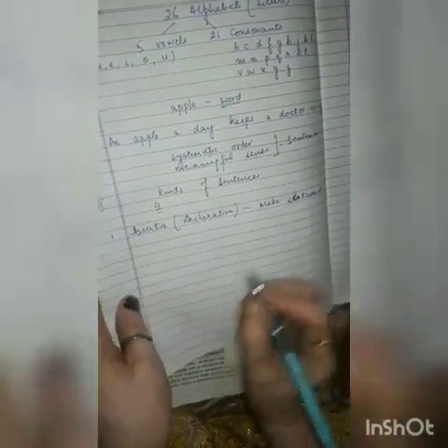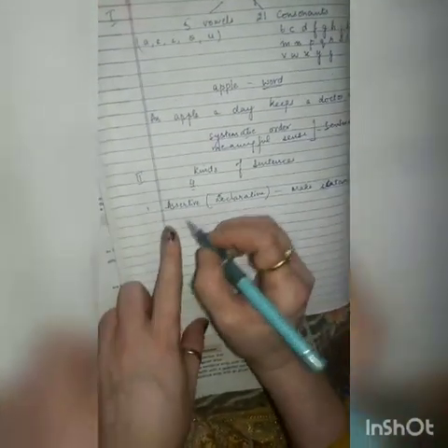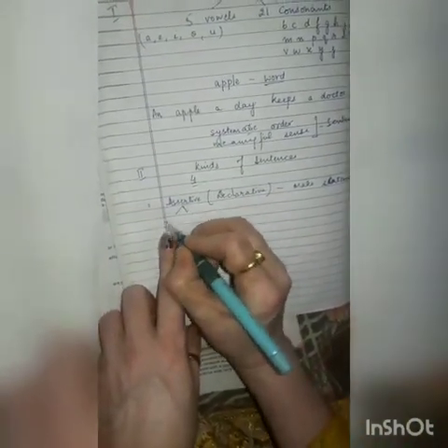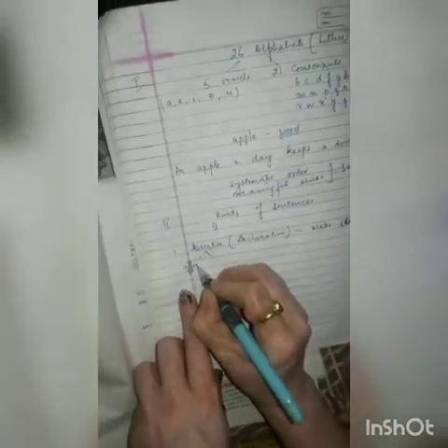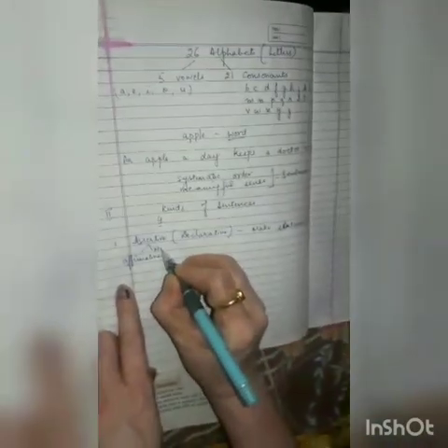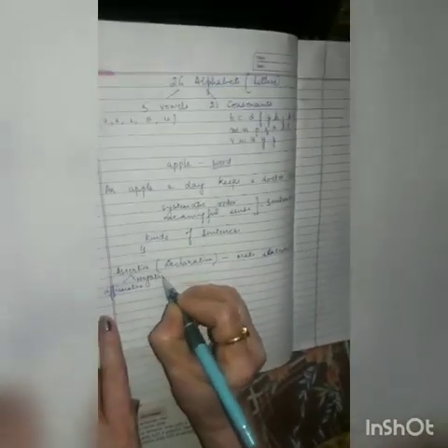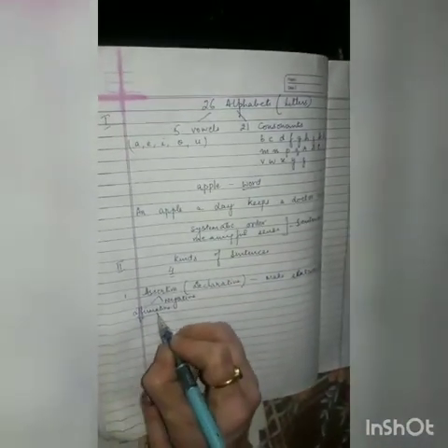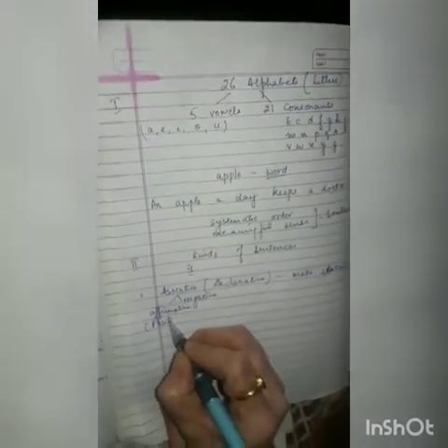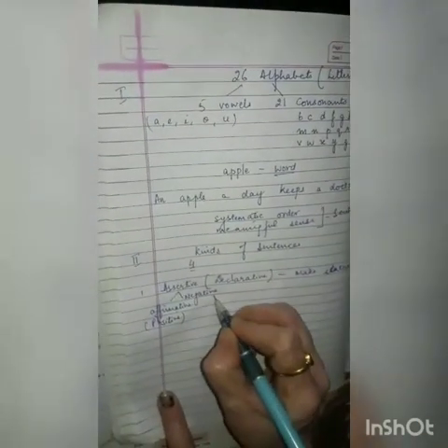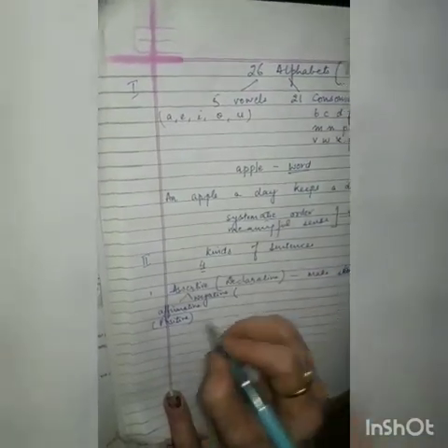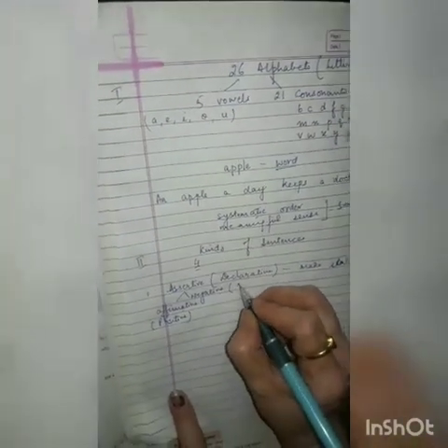Assertive sentences can be affirmative as well as negative. Affirmative sentences are those which are positive in nature, and negative sentences are those which contain a negative word like not.